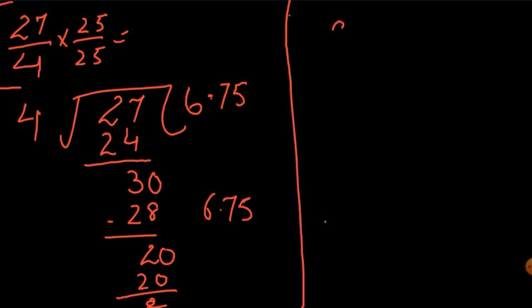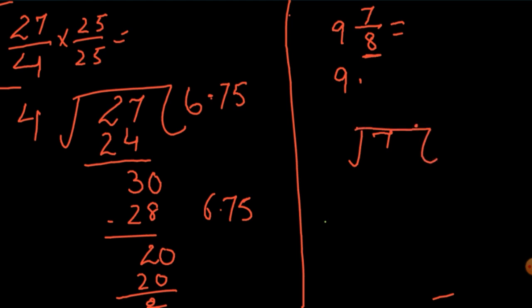Let's take one more example. It is 9 7 by 8. Now see it carefully. This 9 is a whole number, so no need to convert this into an improper fraction. Just leave this 9. It will be 9 point something. We need to convert this 7 by 8 into a decimal number.